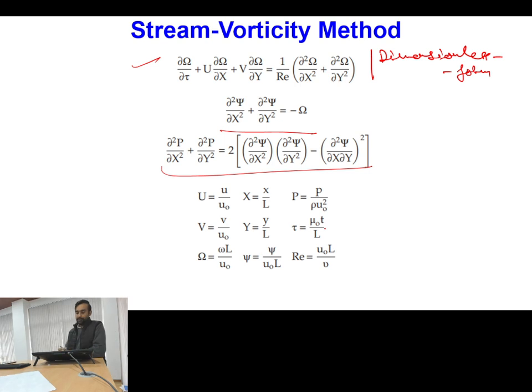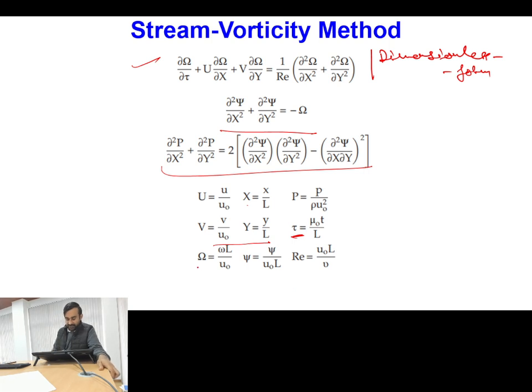Okay, so we define U as capital U = u/U0, X = x/L, P = p/(ρU0²), and V and Y are defined in a similar way. Tau is defined as the viscous time scale, μ0 t/L, that is, reference viscosity times time divided by L, so this has become a viscous time scale.